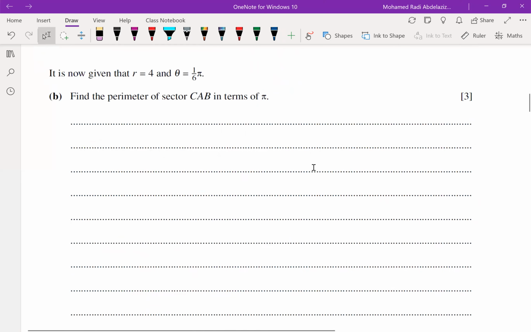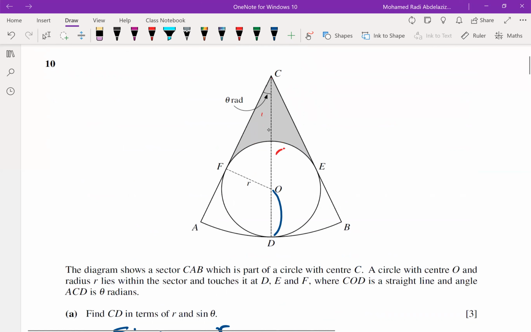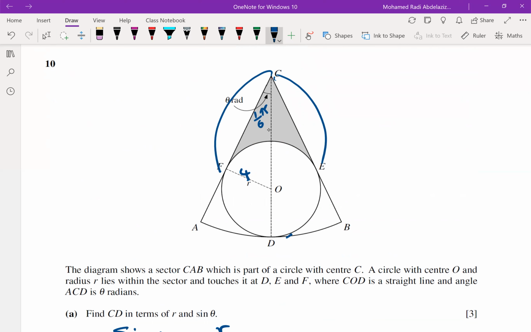Part B. It's now given r is 4 and theta is 1/6 pi. Write the given information. Now r is 4 and theta is pi/6 or 1/6 pi. When we have CF and CE as tangents from a point outside the circle, they are equal. What else?